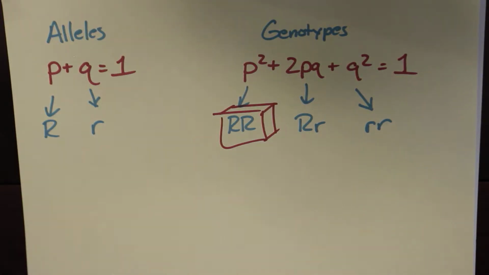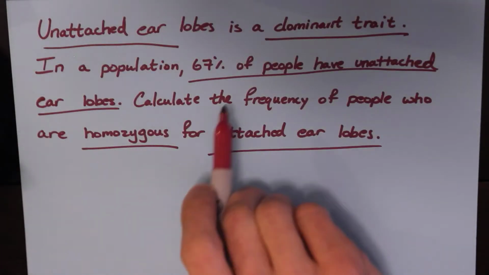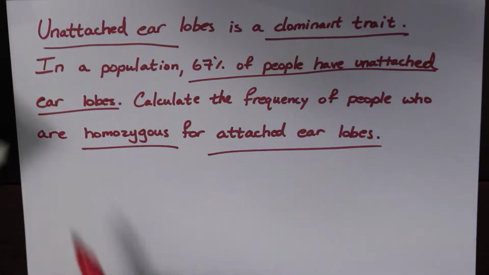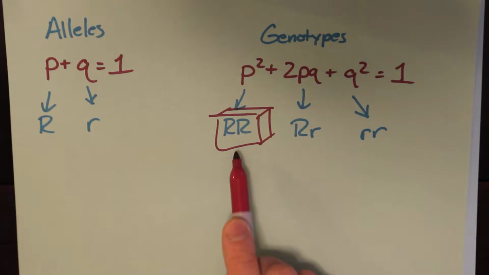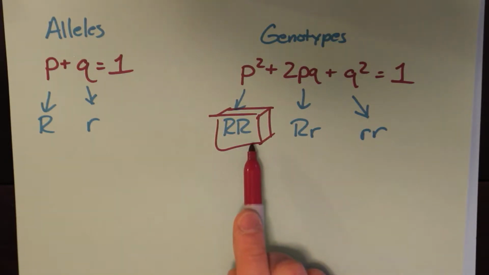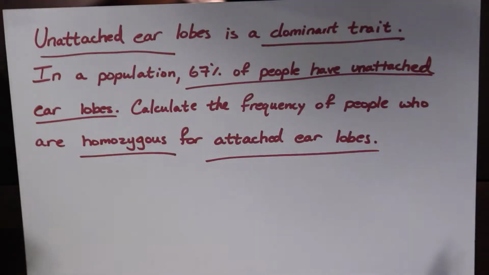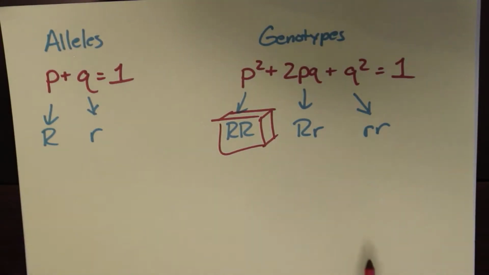So let's try to figure out something here. So 67% of people have unattached earlobes. We know big R, they're going to have unattached earlobes. Little r, no, they wouldn't be unattached. So what do we do here? Alright, I got an idea. Check this out.